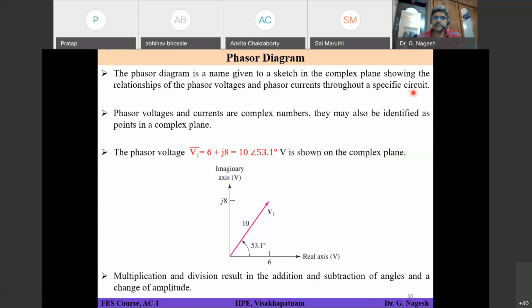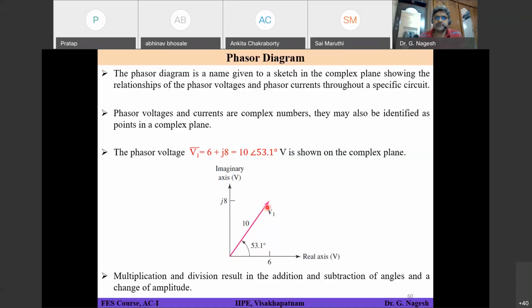That means you will have a clear-cut relationship between the phase angles of different parameters within the circuit. Phasor voltages and currents are complex numbers. They can also be identified as points in the complex plane, so we can represent them as a point or with an arrow like this.